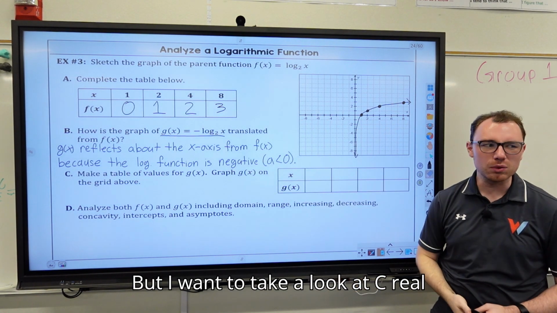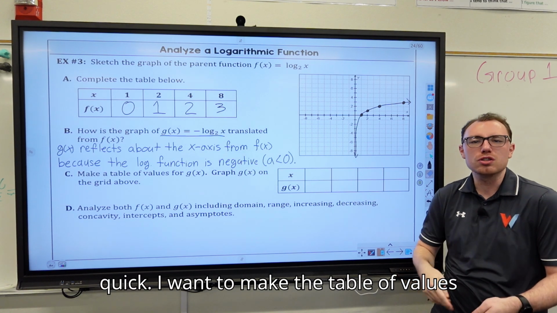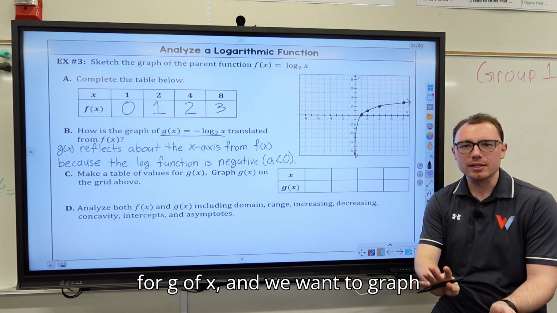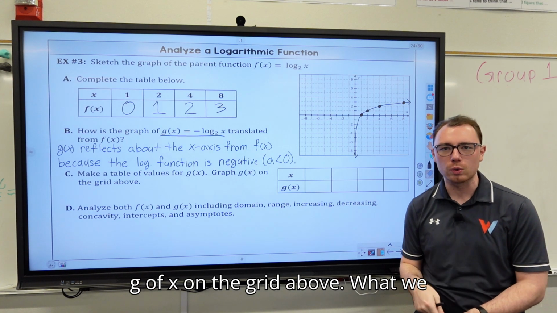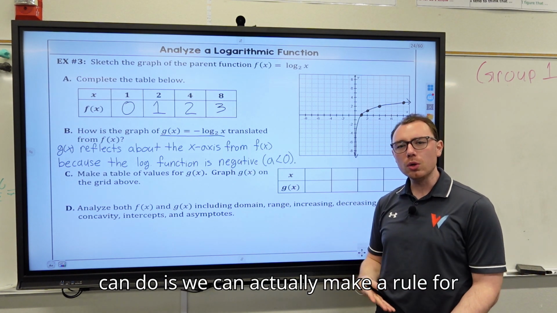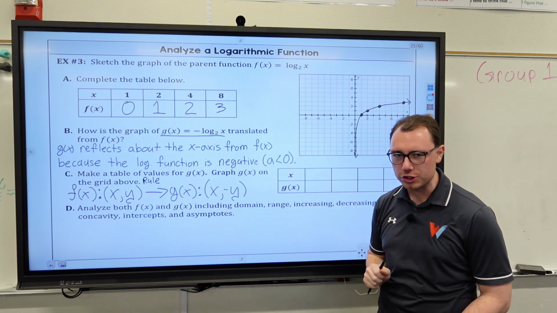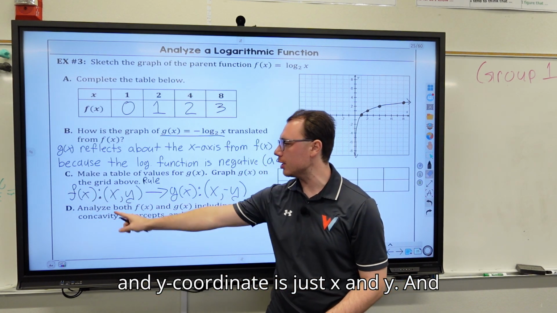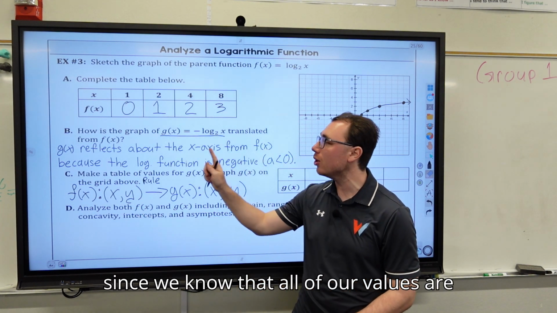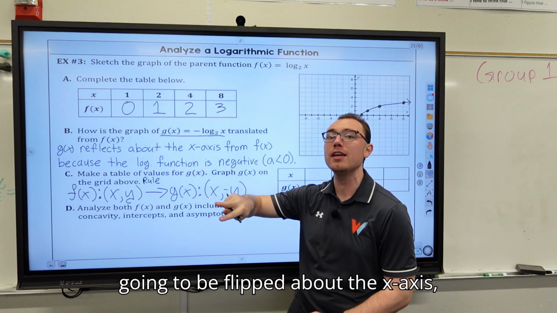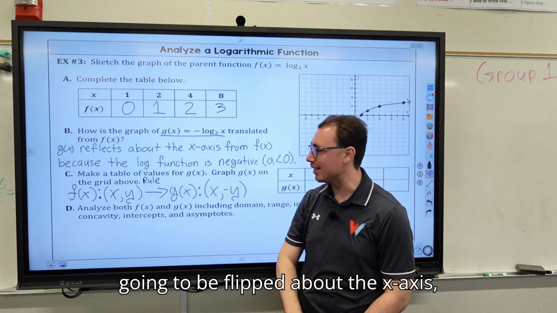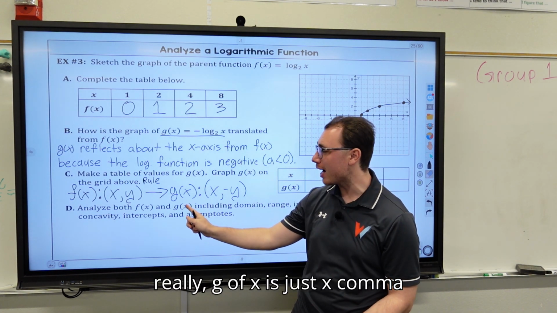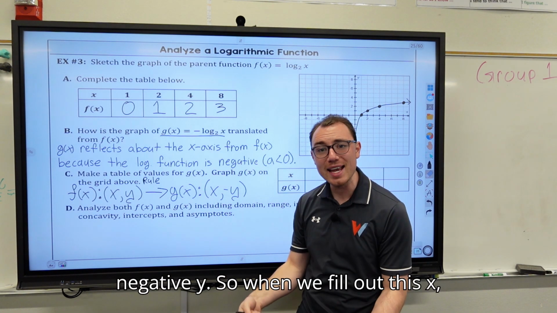But I want to take a look at C real quick. We're going to make the table of values for g of x, and we want to graph g of x on the grid above. We can actually make a rule for g of x, where for f of x, our coordinates are just x and y, and since we know that all of our values are going to be flipped about the x-axis, g of x is just x comma negative y.